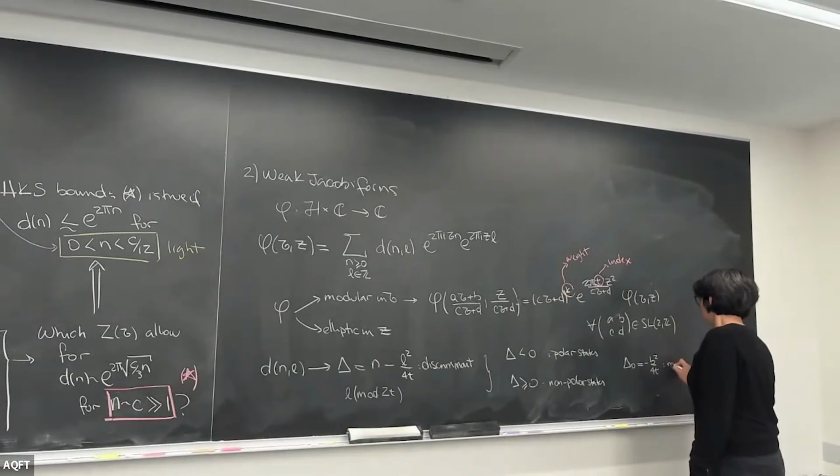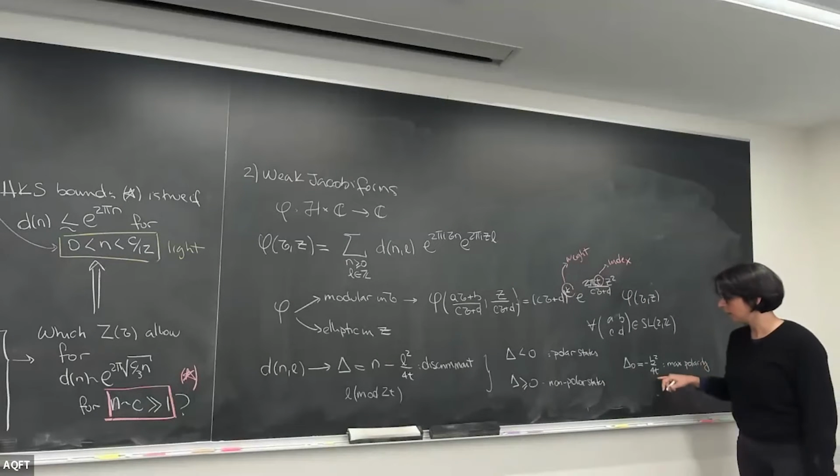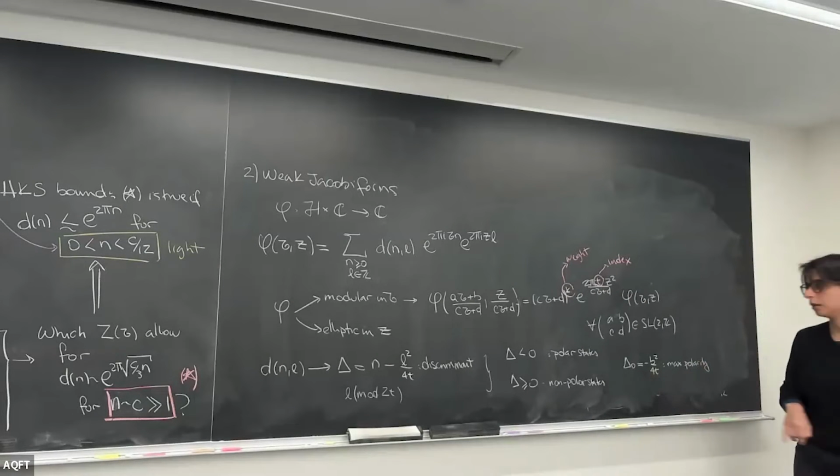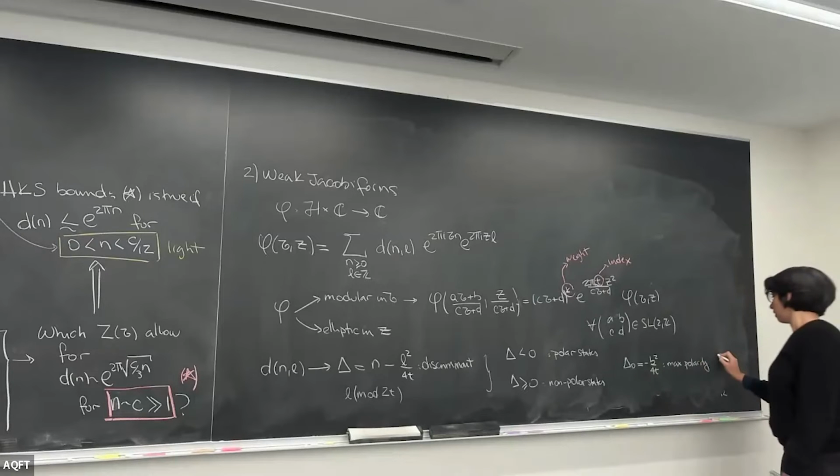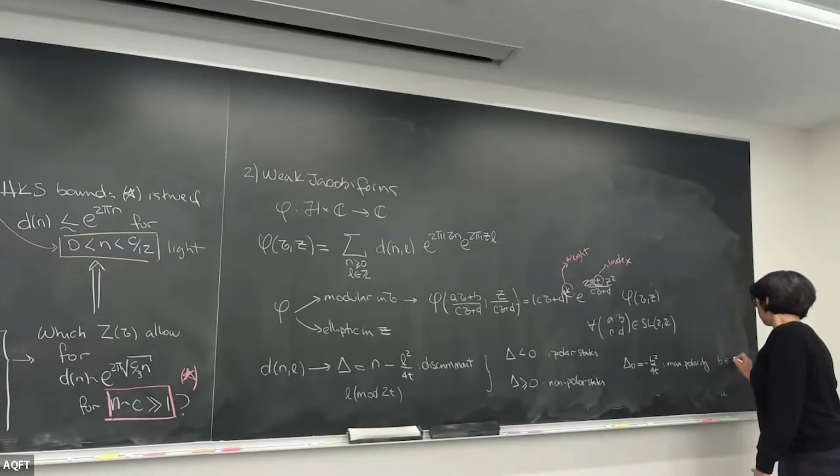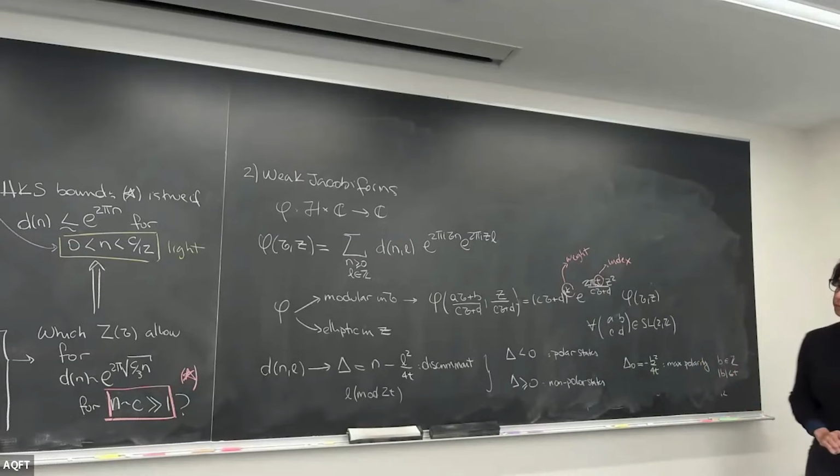This will be the maximal polarity. These forms also have a maximal polarity, and I'll characterize it in that way. Okay, where b is an integer, and in absolute value, perhaps b is less than or equal to T. Okay, so these are the types of forms that I'll have in mind.